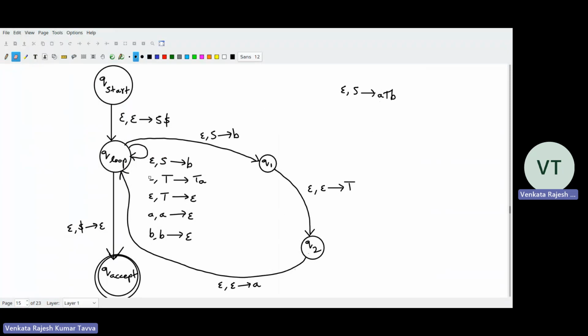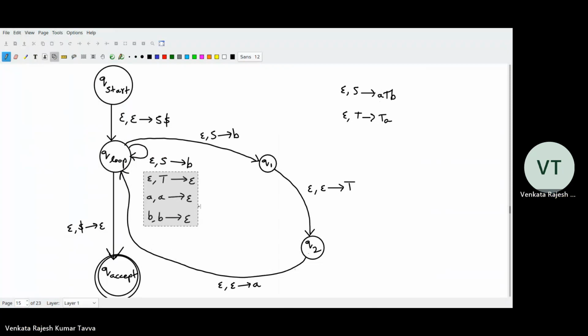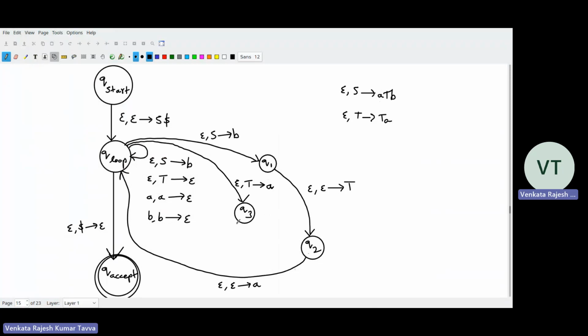So this is done. Now this one also I should replace. Epsilon T goes to TA. So first let me make some space. What should I write here? Epsilon T goes to A. And here epsilon, you just push the next symbol, that is T. That's it.